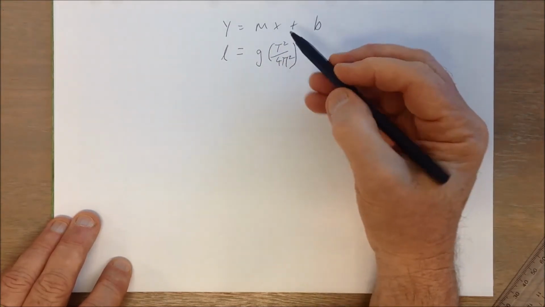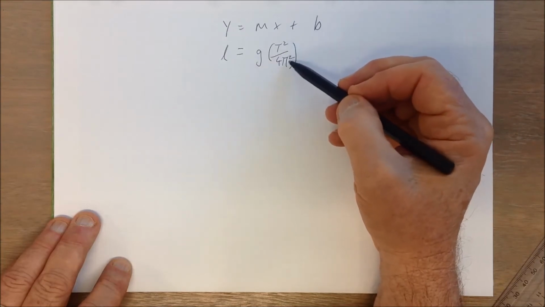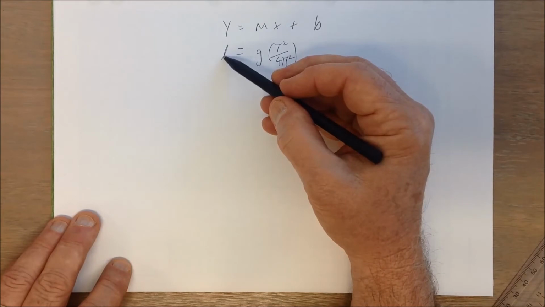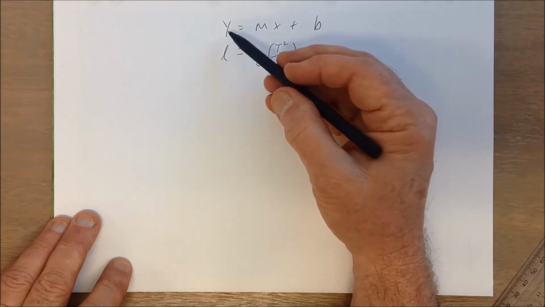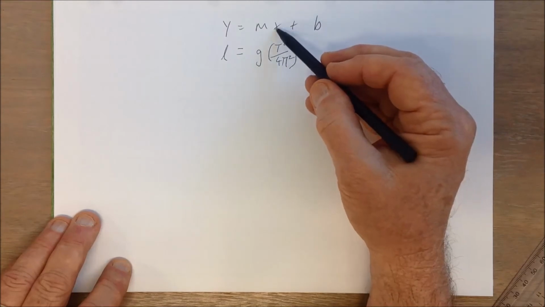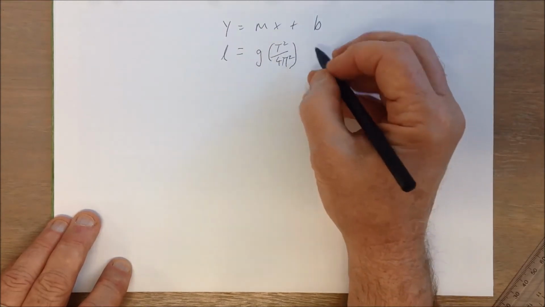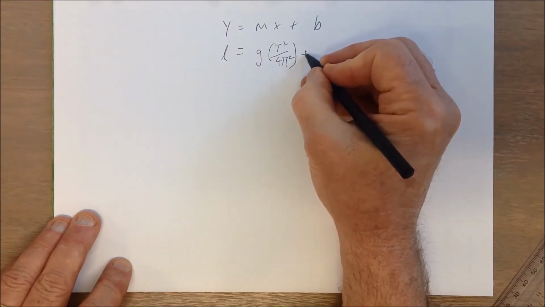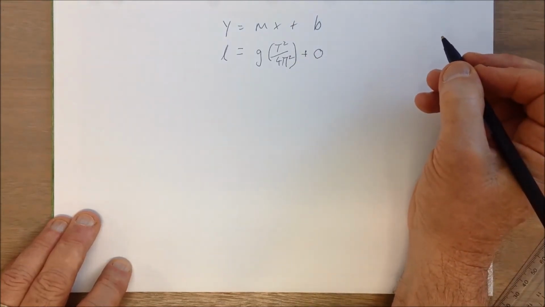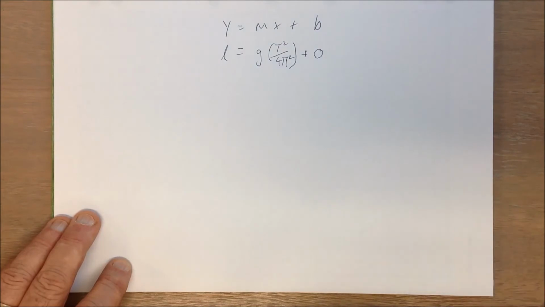And you're going to calculate values of period squared over 4 pi squared, and you're going to graph that calculated value against L. The length of the pendulum needs to be on the y-axis, and this calculated value needs to be on the x-axis. Now, there is no plus b there. There's effectively plus 0, and that means we expect this graph to go through the origin.